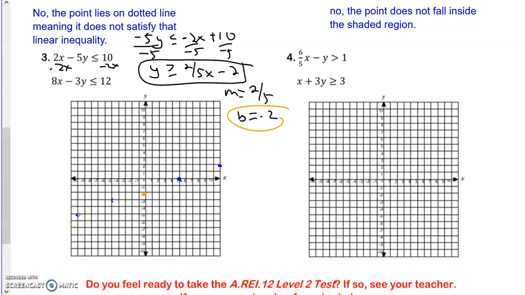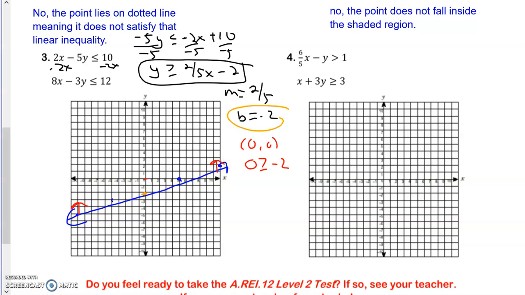Now I know that it's greater than or equal to, so we know it's going to be a solid line. My favorite test point is 0, 0, so that's this point right here. Now I am going to test it, and is 0 greater than or equal to negative 2? Yep, it is a true statement, so I'm just going to be shading above.